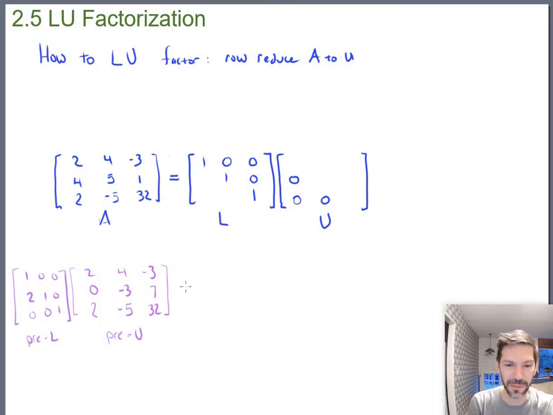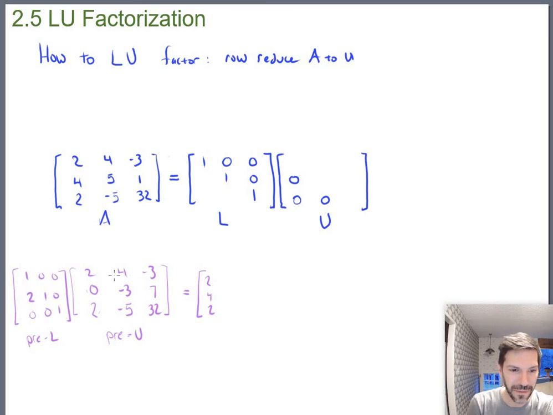Let's check out this multiplication and just see what it does. I'm multiplying first column by our pre-L. So that'd be 2 of the first one, 0 the second one, 2 of the last one. So that'd be 2, 4, 2. The second one is going to be 4 of the first column, -3 of the second, and -5 of the third.